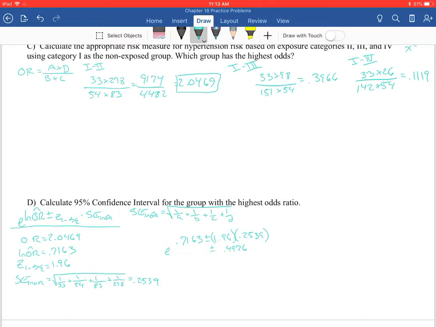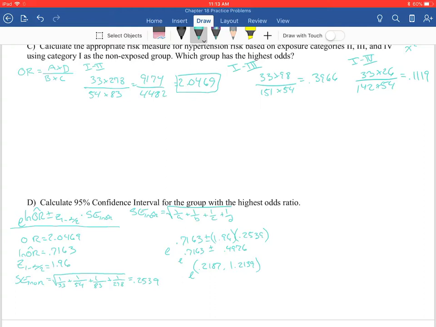When you multiply 1.96 times 0.2539, you get 0.4976. Add that plus or minus to the 0.7163. Remember, always to the e power. You're going to get e to the 0.2187 to 1.2139.